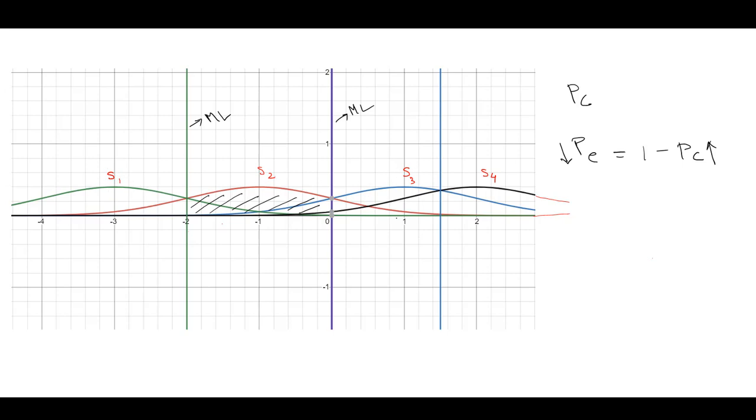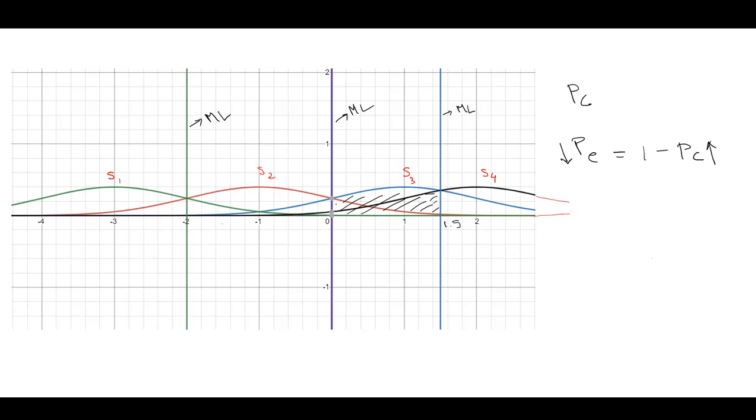Now S3 is also bounded by two decision boundaries, one with S4 and the other with S2. For S2 it is already 0, and for S4 the arithmetic mean comes out to be 1.5, and hence this is another ML decision boundary. Now this is the region where this symbol is correctly detected as S3.